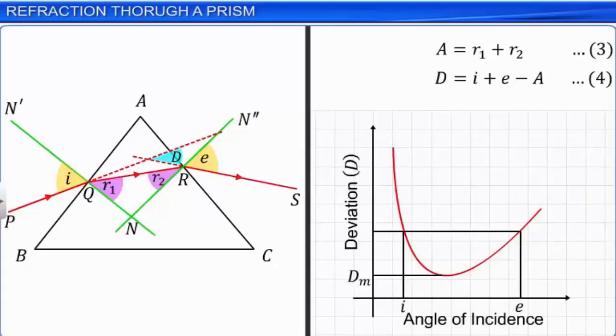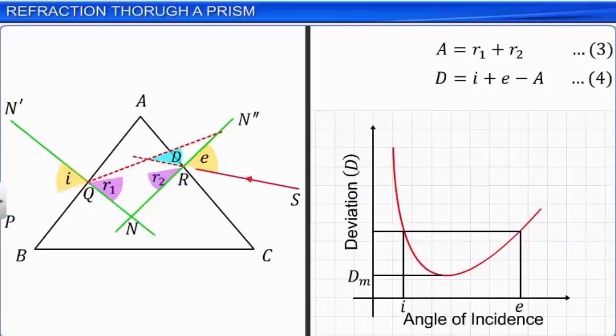Interchanging I and E does not make any difference to the value of deviation D. If PQ is the incident ray, then RS is the emergent ray, and if light enters the prism along SR, it emerges from the prism along QP.